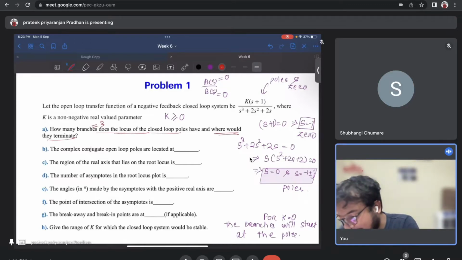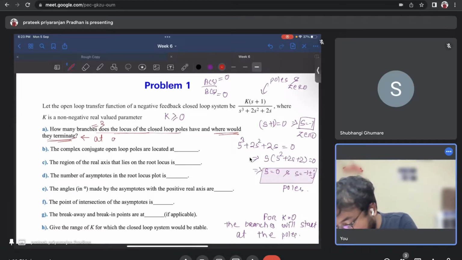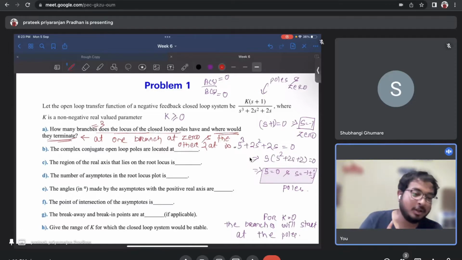And where would they terminate? They terminate at the zero, because it has one zero. So one branch terminates at the zero and the other two at infinity, because the system has only one zero.